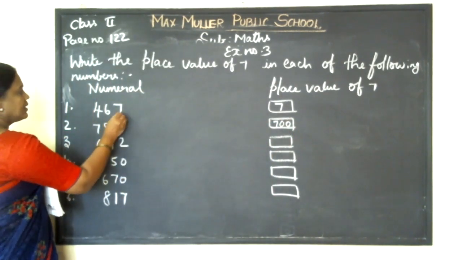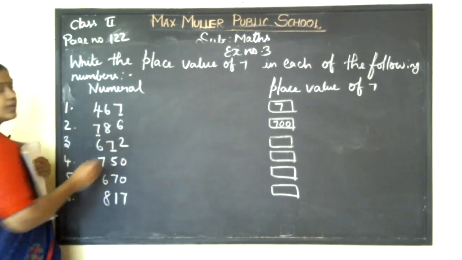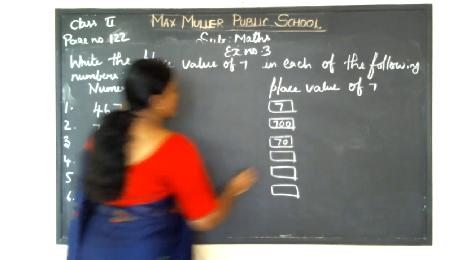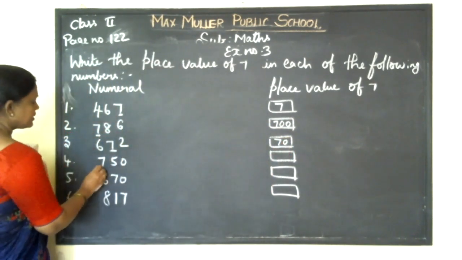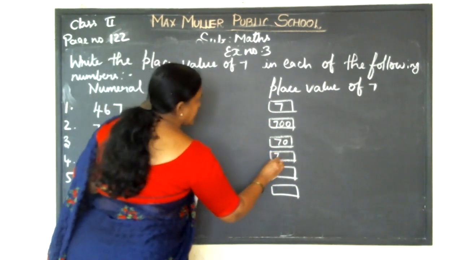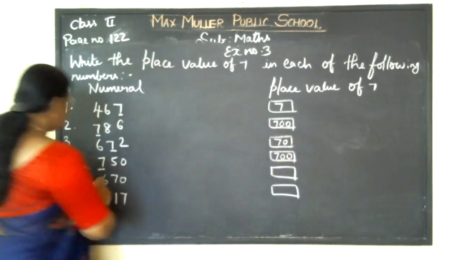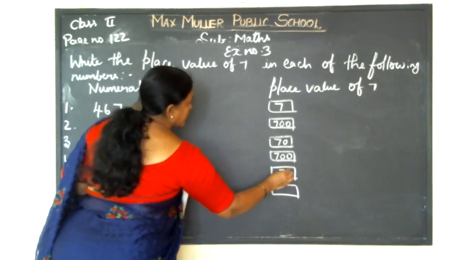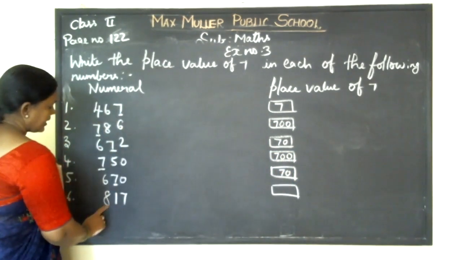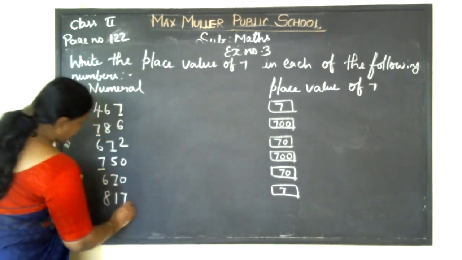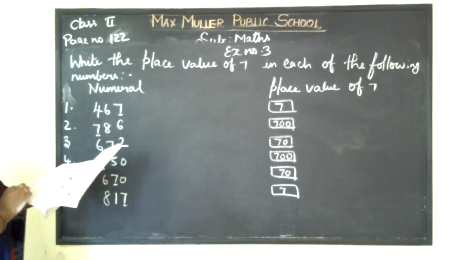Here 7 is in tens place. 7 tens means 70. Here 7 is in hundreds place. Want to write here 700. Here 7 is in tens place. So you want to write 70. Here 817, 7 is in ones place. So you want to write 7.